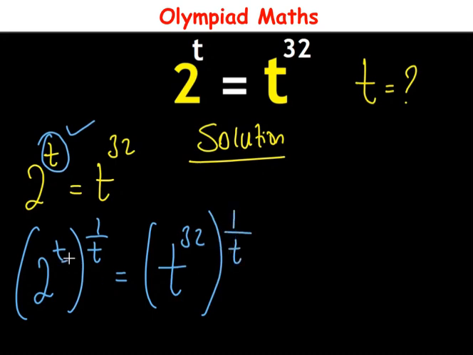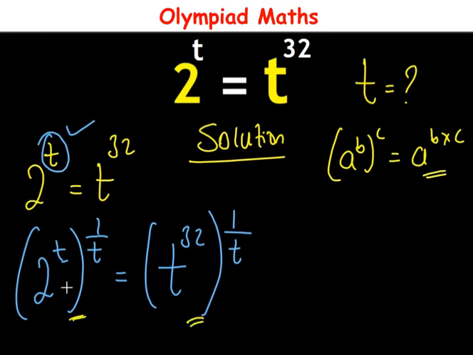So with this, power t right here multiplies 1 over t, following this rule that if you have a raised to power b or power of c, this equals a raised to power b times c. So applying this right here and here also, what we then have is 2 raised to power t multiplies 1, that becomes t.